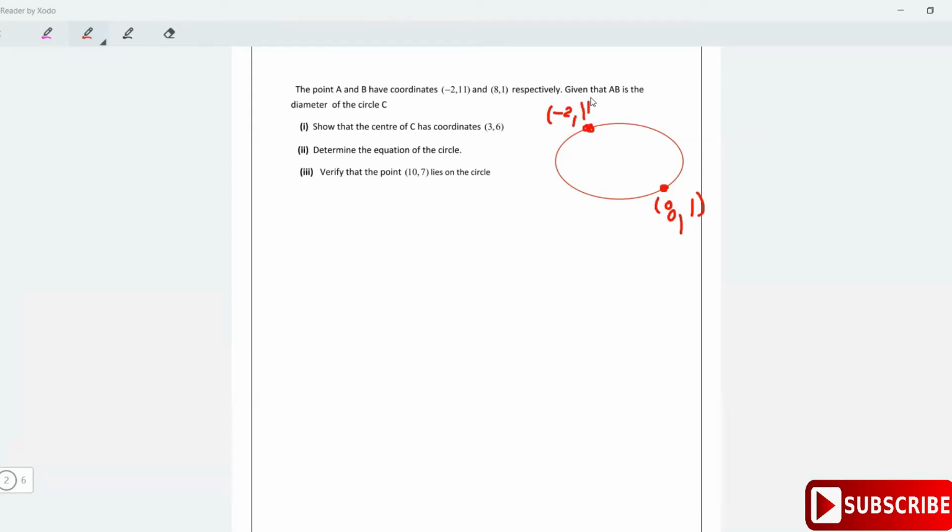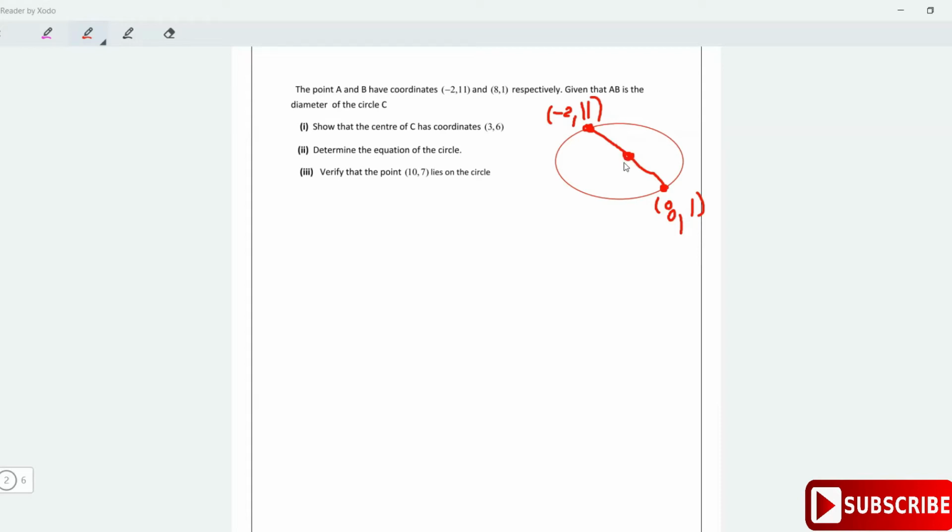And they tell us that the diameter passes through A and B. Remember the diameter is 2 times the radius. And so that means that the distance from the center to any one of these points is the radius.